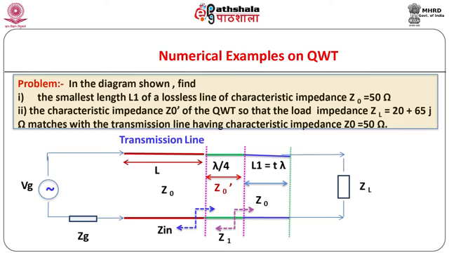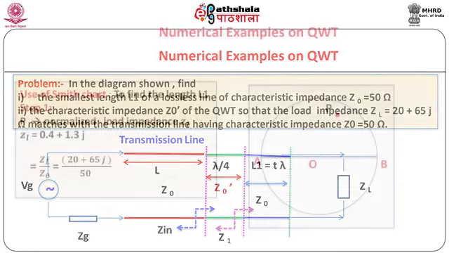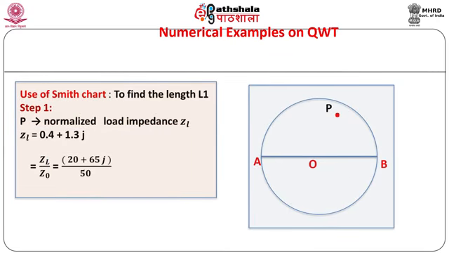And the second is the characteristic impedance Z0' of the QWT is to be found so that load impedance of 50 plus 65j ohm matches with the transmission line with characteristic impedance 50 ohm. We will use Smith chart to find the value of normalized impedance Z1 and the length L1. For this, follow the stepwise procedure as shown.